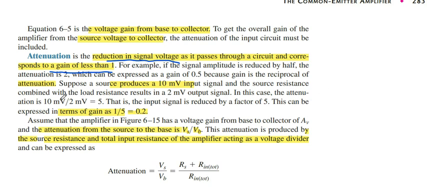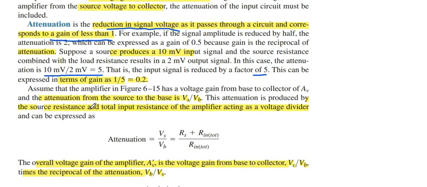Then the load resistance results in 2.2 millivolt output signal. In this case, the attenuation is about 10 divided by 2 is equal to 5, and input signal reduces by about a factor of 5 because we get only a fifth of it.